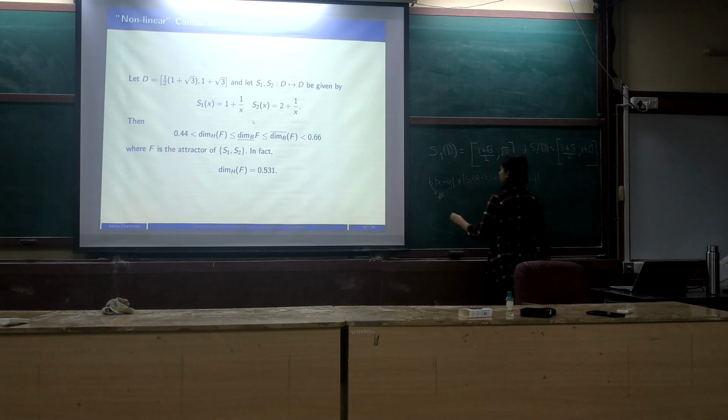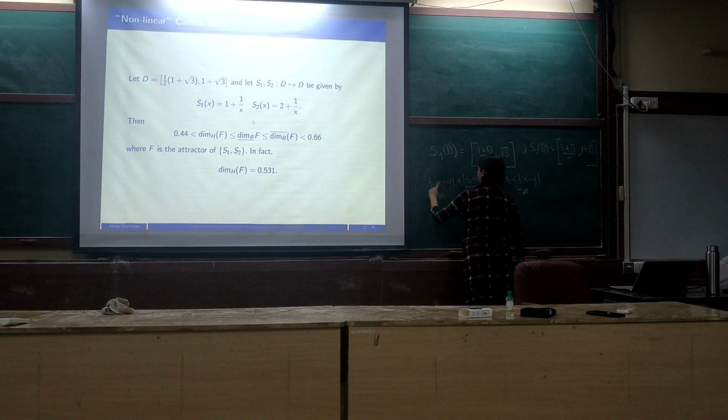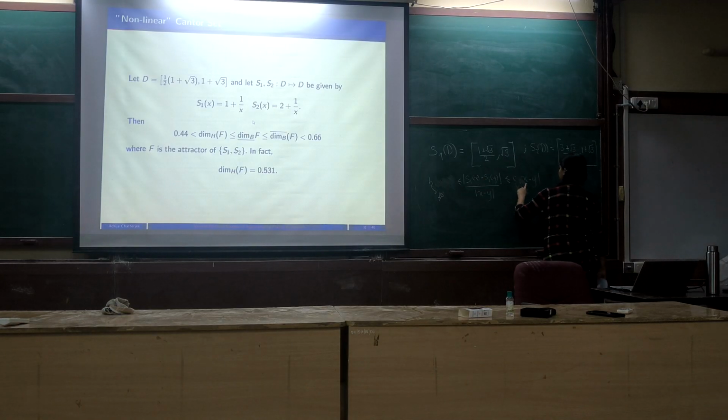So you divide this thing by x minus y. So by mean value theorem we know that for all x comma y there will exist a z such that this will be equal to mod of S1 derivative at z.